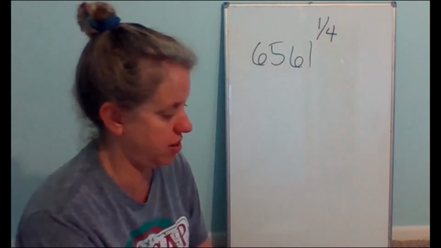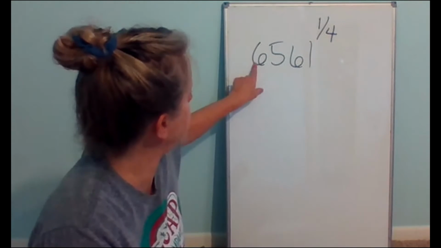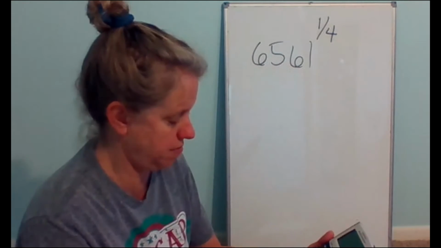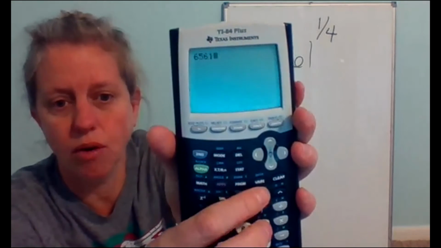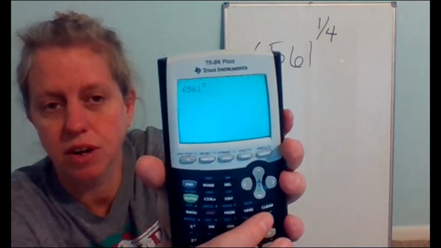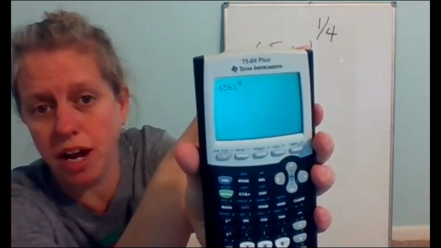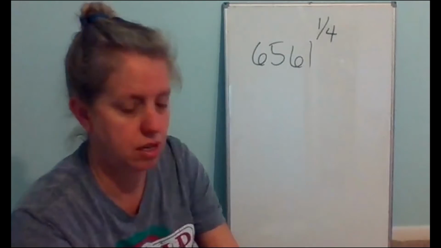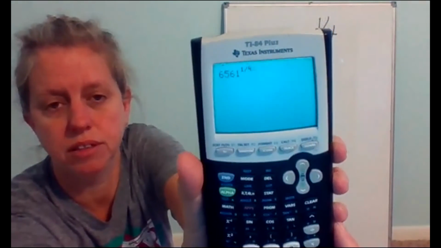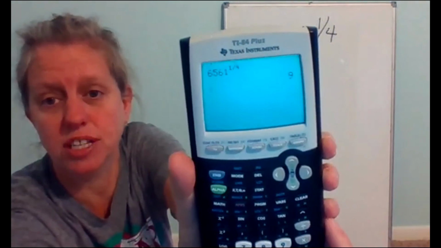That's why I have my calculator, right? So what do I need to type in? 6,561. Go up in your exponent. What does your exponent need to be? 1 over 4. So just type that in, 1 divided by 4. Hit enter. Your answer is 9.